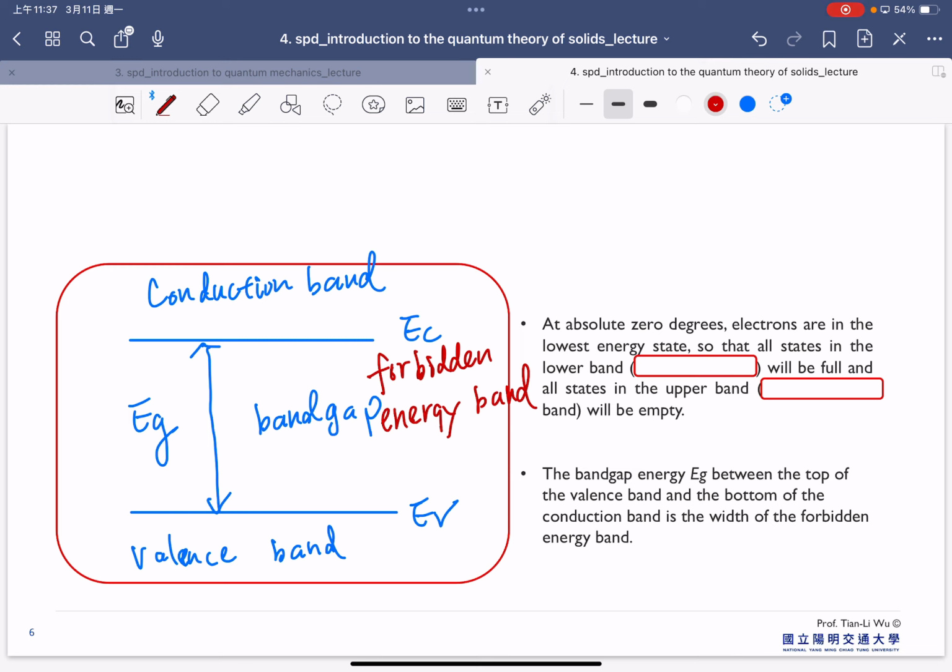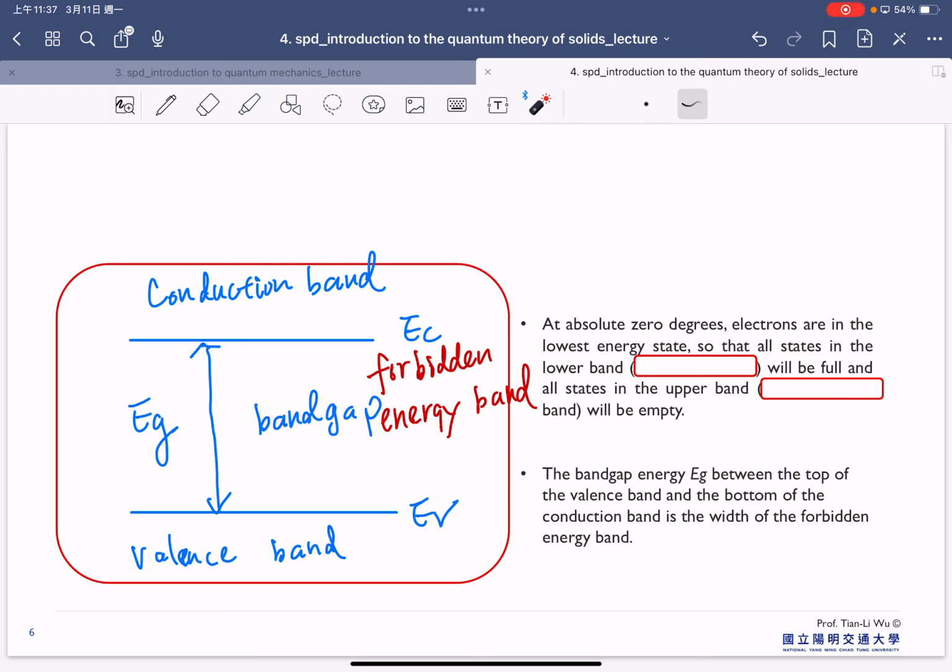From the wording forbidden, it means that ideally there are no electrons existing in this region. That's why we call it forbidden. So this is a region that is forbidden to have anything.